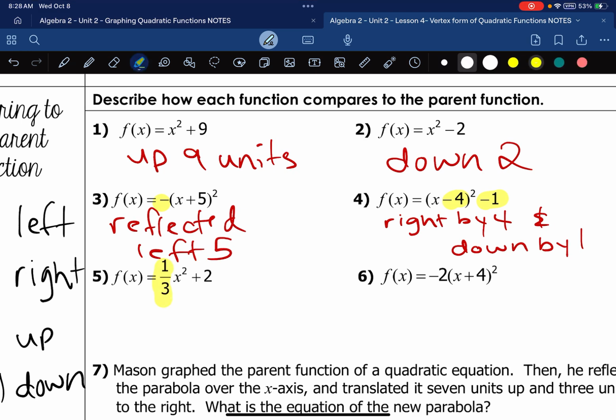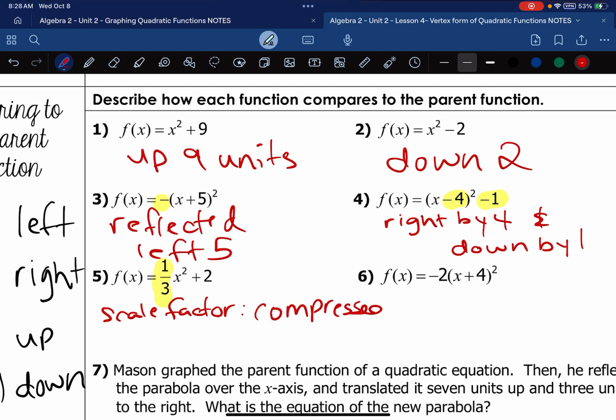Our next one, we have this 1/3 in front. So there's a scale factor of 1/3. So we can say scale factor. Remember, if it's a fraction, it's a compression. So it's compressed by 1/3. And the other piece is we're adding 2 on the outside, so that's a shift up by 2.